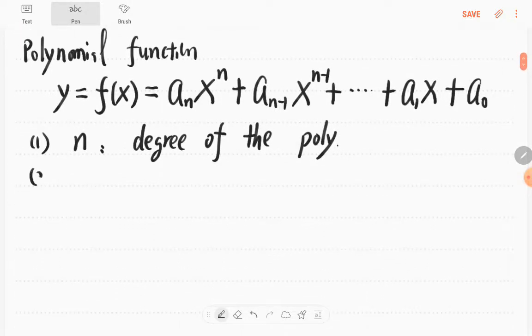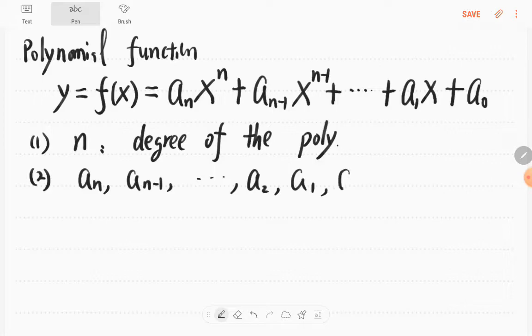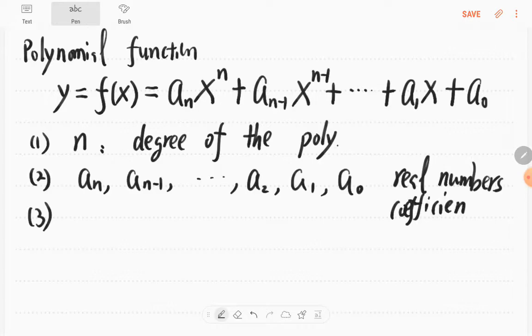And a sub n, a sub n minus 1, a sub n minus 2, and a2, a1, and a sub 0, these are real numbers, which are called the coefficients.